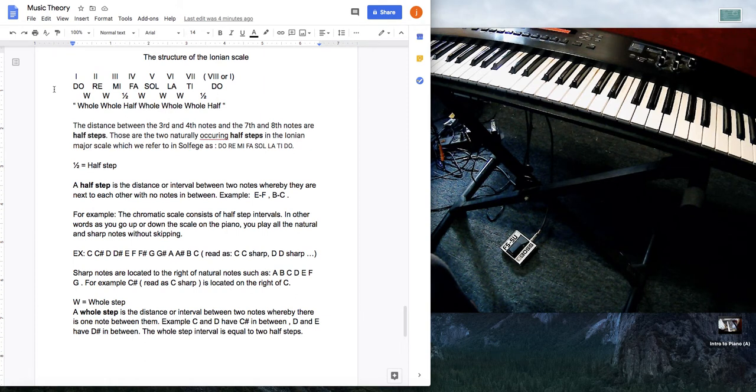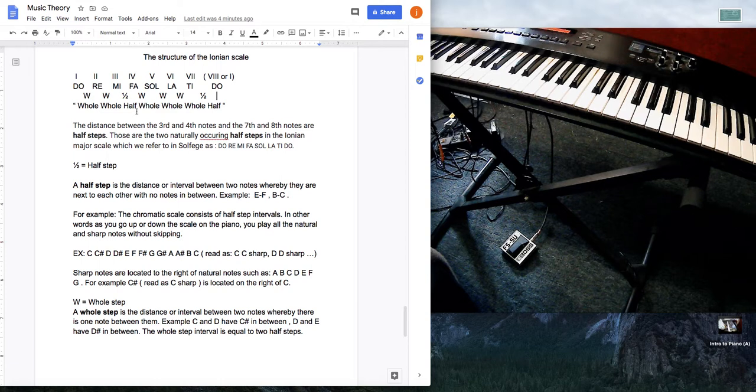But the scale that most people are familiar with is the Ionian scale, which people know as Do, Re, Mi, Fa, Sol, La, Ti, Do. And if you descend, Do, Ti, La, Sol, Fa, Mi, Re, Do.